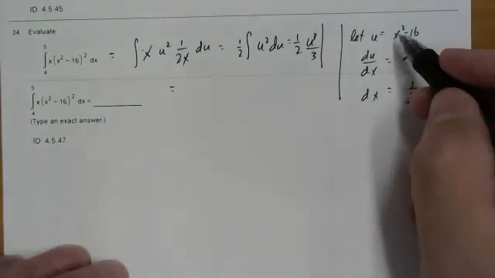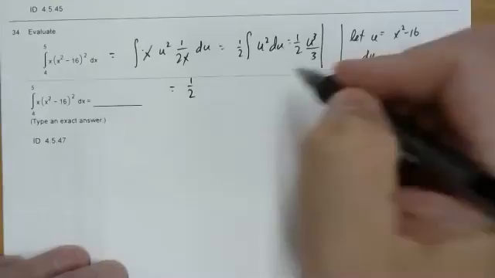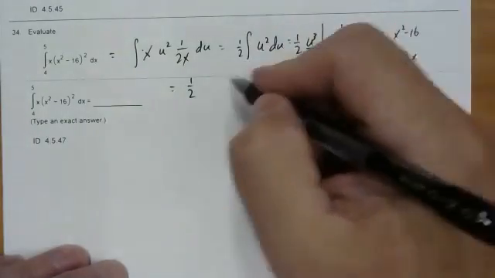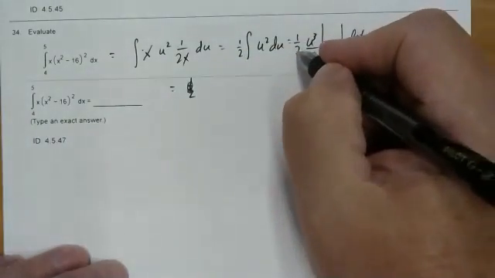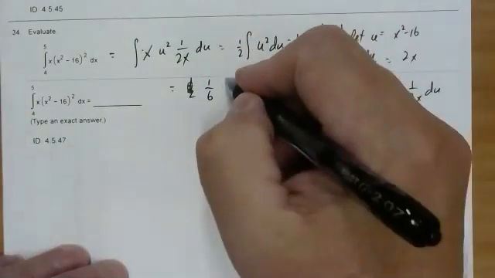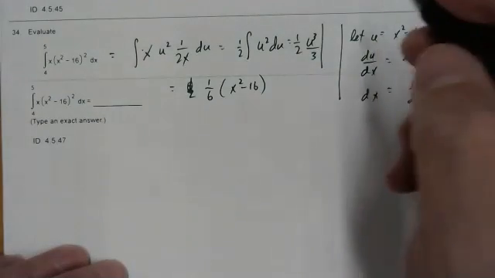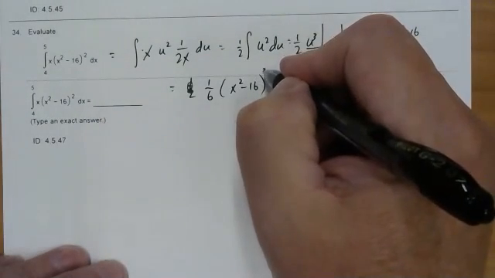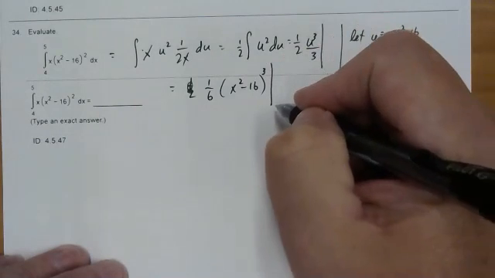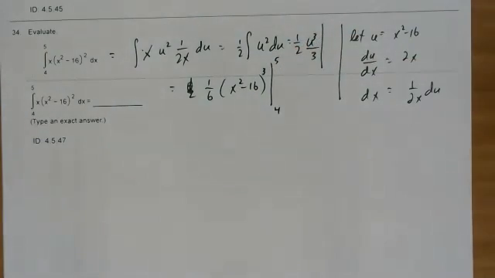Now let's substitute for u, x squared minus 16. Oh, let's make this 1/6, right? 2 times 3, 1/6. And then x squared minus 16. And we're going to go from 4 to 5.